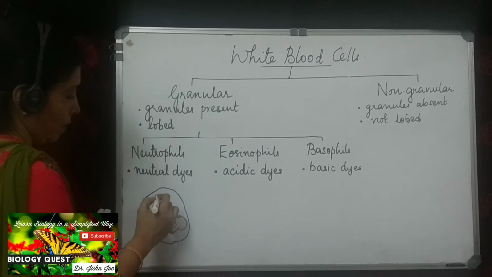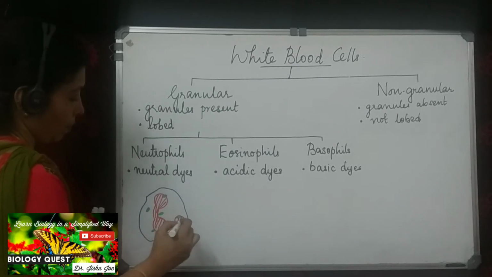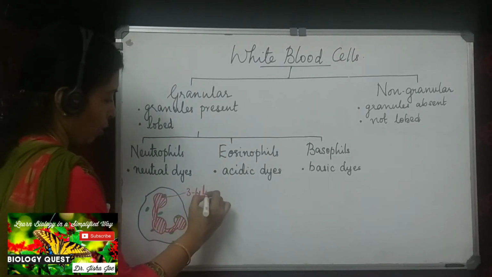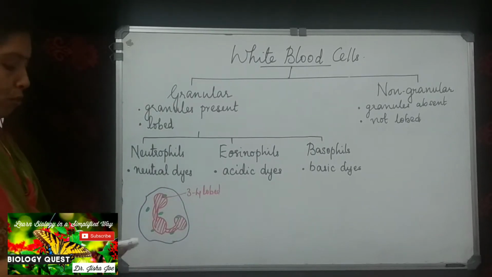That is the 3 to 4 lobed nucleus you can see in the case of neutrophils.